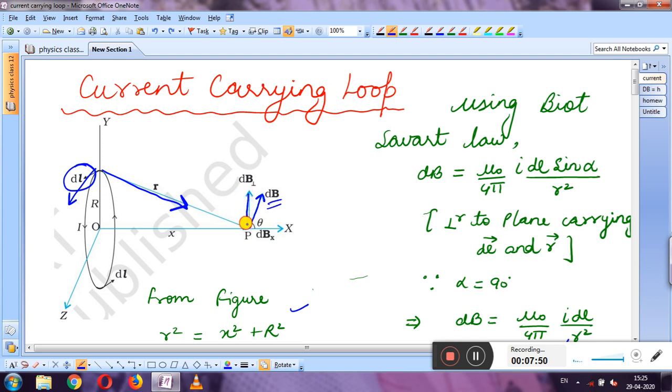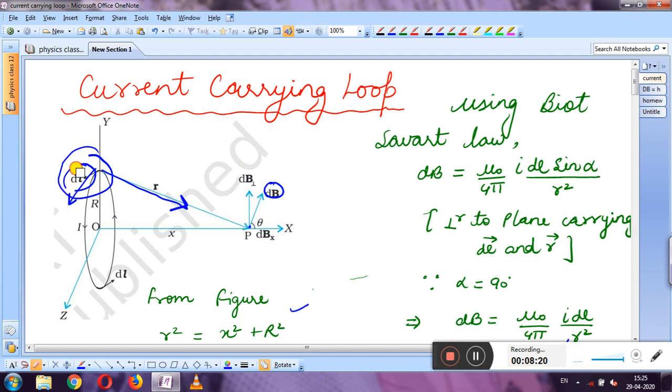One component will be perpendicular to the x-axis, and the other component will be parallel to the x-axis. The component parallel to the x-axis is dBx, and the component perpendicular to the x-axis is dB perpendicular. Correct? Now these components are due to this magnetic field, which was due to this current element.